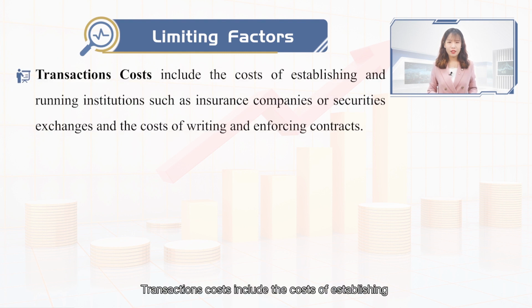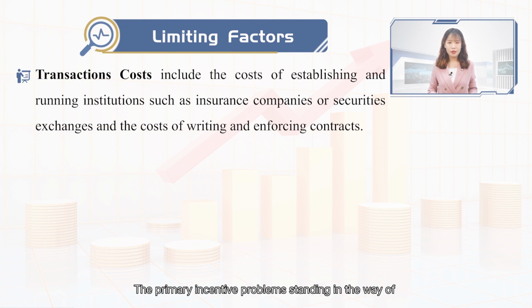Transaction costs include the cost of establishing and running institutions such as insurance companies or securities exchanges and the cost of writing and enforcing contracts. These institutions will not come into existence unless the pecuniary benefits from their creation exceed the costs.